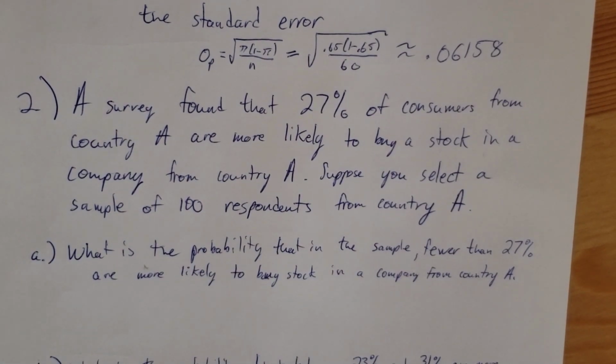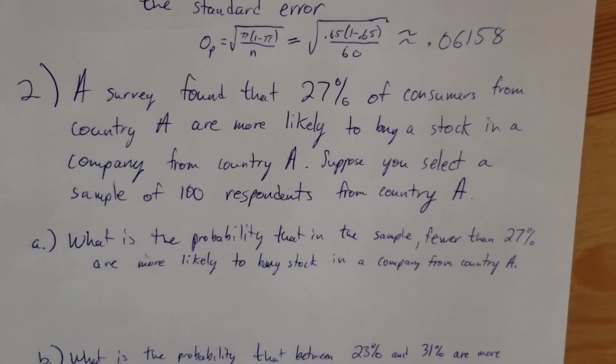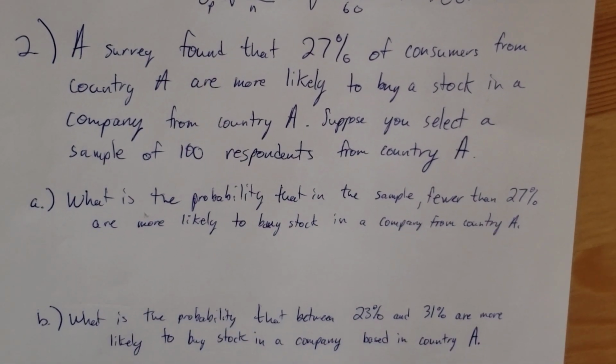And to set that up, the statement is, a survey found that 27% of consumers from country A are more likely to buy stock in a company from that country, so from country A. Suppose you select a sample of 100 respondents from country A. Then the question is, what is the probability that in this sample, fewer than 27% are more likely to buy stock in a company from country A?